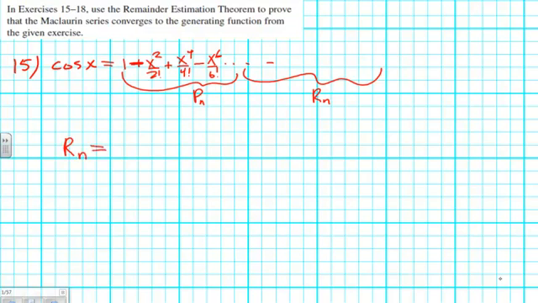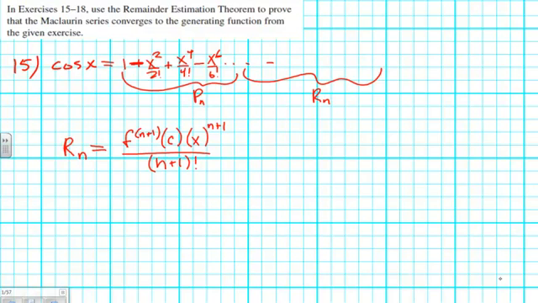Now, R sub n is equal to the value of the n plus 1 derivative at some value c, times x to the n plus 1, all over n plus 1 factorial, if I remember the remainder estimation.